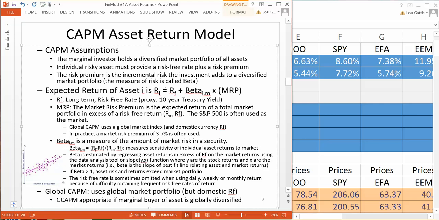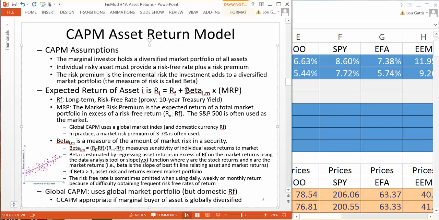I'm going to earn the risk-free rate plus my measure of market risk times my market risk premium. I'm also going to do a slight variant of that model called global CAPM. And the only difference is when I run this regression to calculate the beta, I can either run it against, say, the S&P 500 and call that the market, or I can run it against a global equity market index.